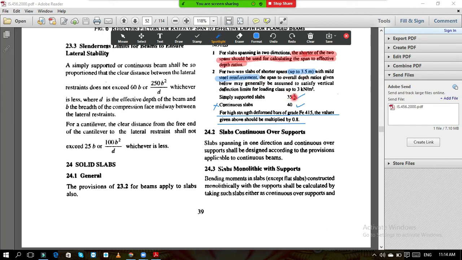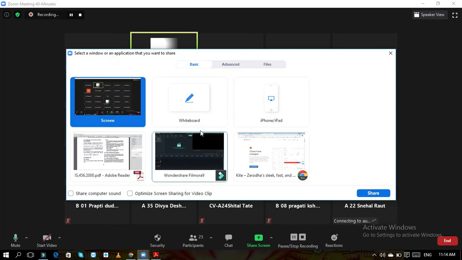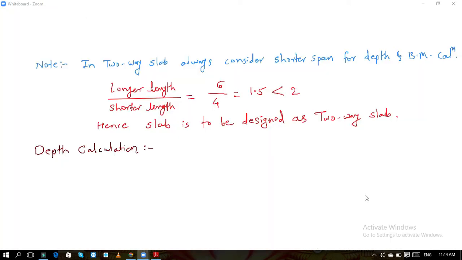So for that 35, again we need to multiply it by 0.8 for Fe415 if our span is up to 3.5 meter. Now I hope it is clear. Now we are not going to use this clause. Why? Because our span is more than 3.5 meter. So in this case, we will calculate the depth as per the one way slab clause.